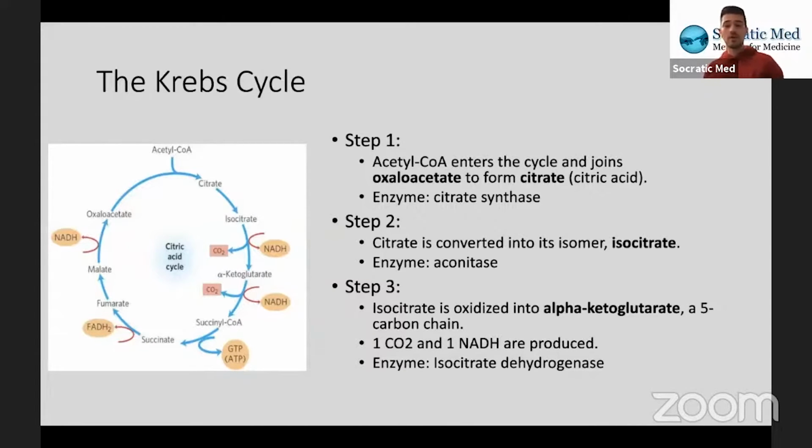So just because we're talking about something moving through the Krebs cycle, the next step, it turns into alpha-ketoglutarate, and then after that, it turns into succinyl-CoA, that doesn't mean that the alpha-ketoglutarate that was produced isn't going to go to another reaction. We're just following it because we're following the Krebs cycle right now. But step 3, it's oxidized into the alpha-ketoglutarate, and it also produces a CO2 and an NADH. And the enzyme that catalyzes this reaction is known as isocitrate dehydrogenase.